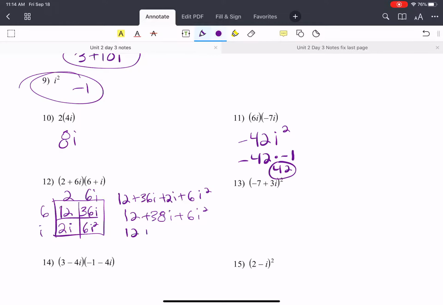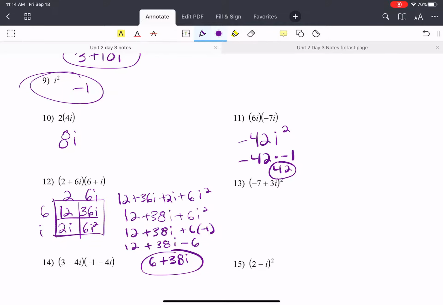So 12 plus 38i plus 6 times -1. So 12 plus 38i minus 6. Yeah, now that made new like terms. 6 plus 38i.